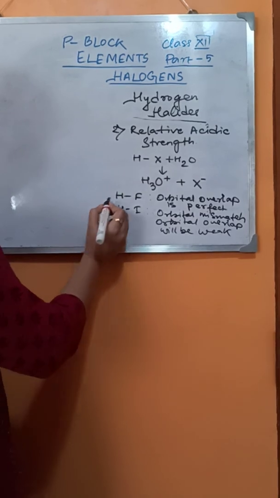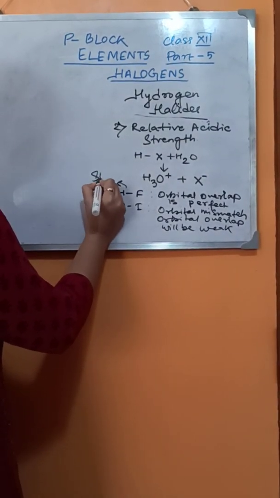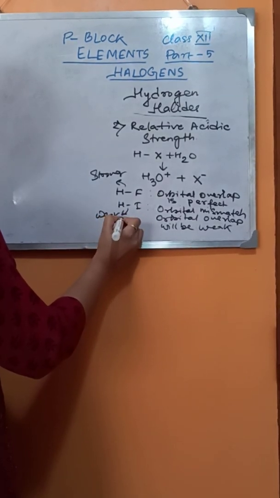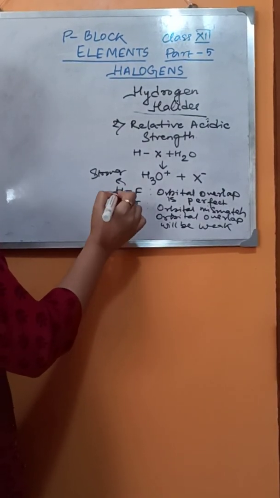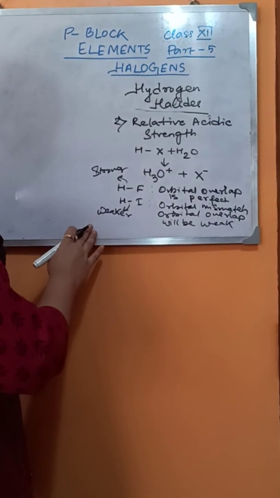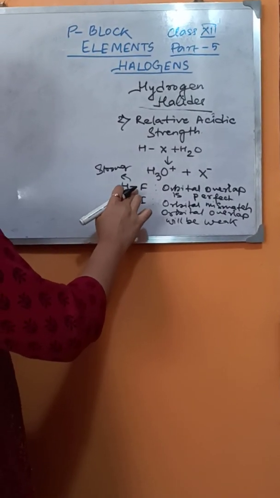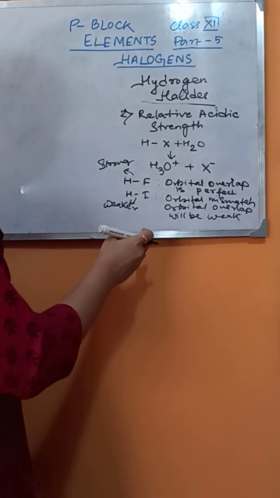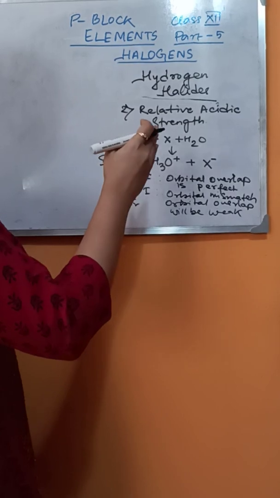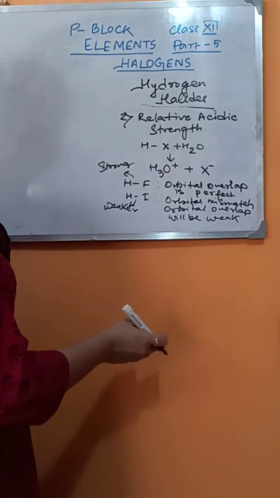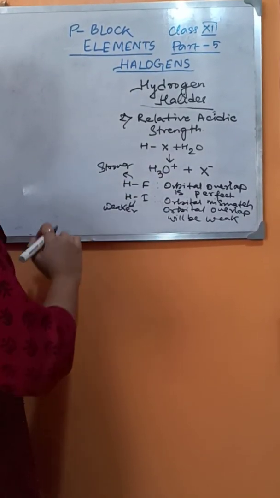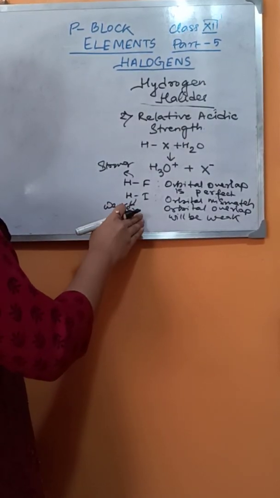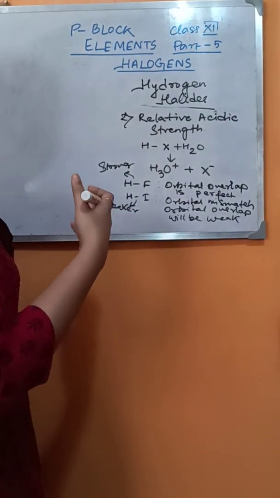As a result, the HF bond is strong, whereas the HI bond is a comparatively weaker bond. So for HF, since the bond is strong, its bond dissociation energy is very high, which will decrease as you move from HF to HCl to HBr to HI. So the breaking of the HF bond is difficult, whereas as we move down the group, the breaking of HI is very easy.